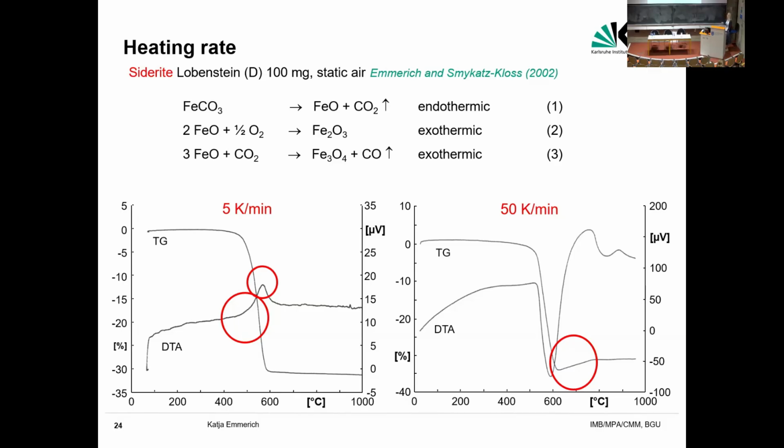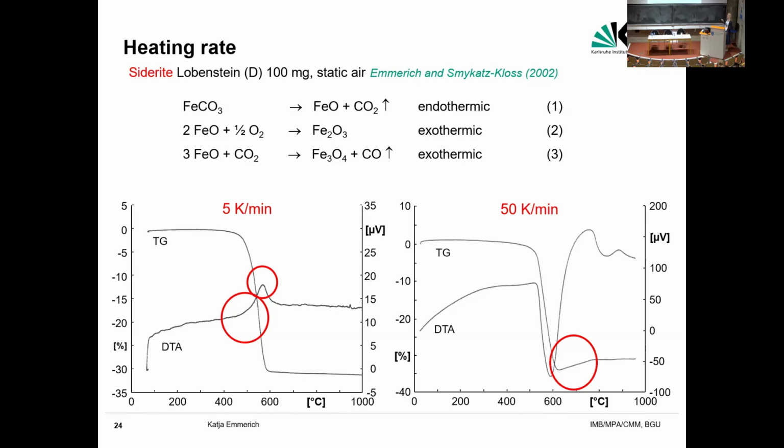And even worse, if you have a look at the DTA curve, it shows only one exothermal peak, but we know that any decomposition is an endothermic reaction. So those reactions are superimposing and you don't see them in the DTA curve.